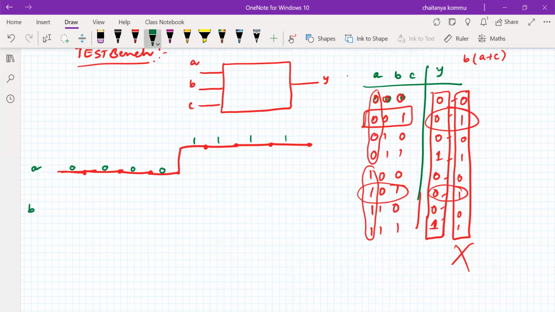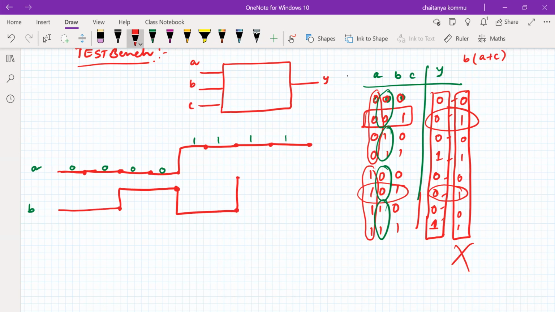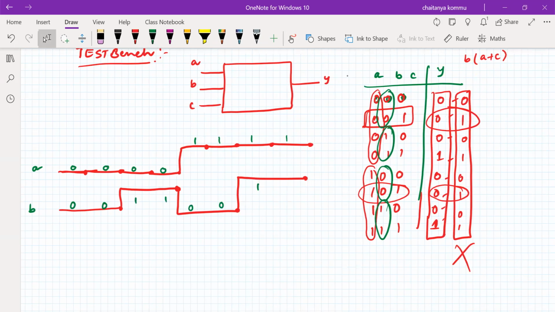What about B? 2 zeros, 2 ones, 2 zeros, 2 ones. So I'll write it this way: 0, 0, 1, 1, 0, 0, 1, 1.